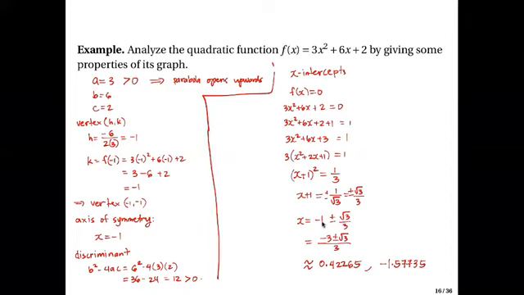Let me look at this again. So let's see. I now have square root of 3 divided by 3, and then that minus 1. Yeah, this guy here, it's correct. And then the other guy, well, it's both correct.